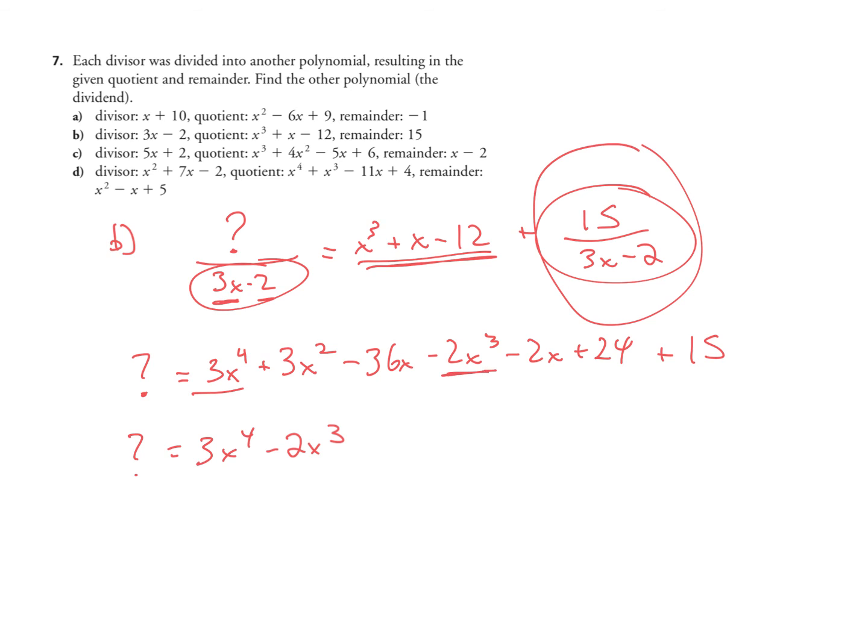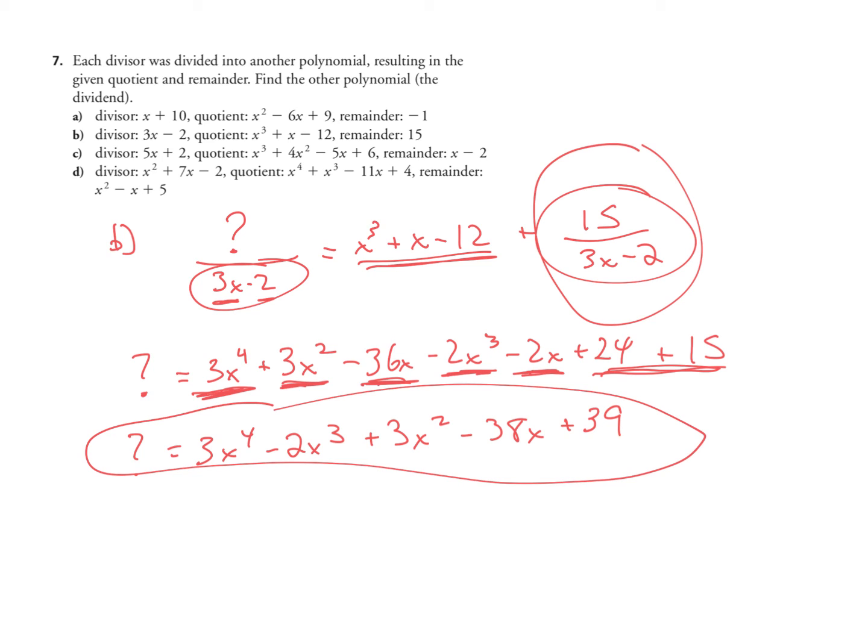You got your 3x squared, so plus 3x squared. You got your minus 36x and minus 2x, so minus 38x. And you got your 24 and 15, so plus 39. So that was the dividend that we were looking for.